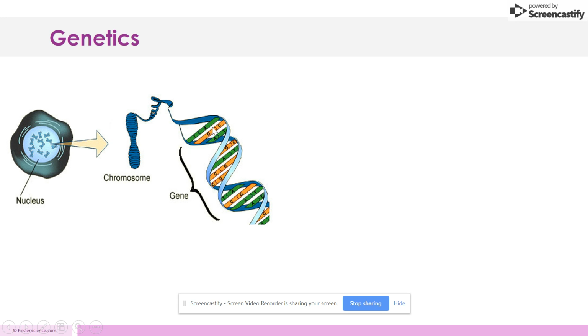And if we take just a section of that strand of DNA, that would be a gene. Basically, this whole section of DNA is coding for the same gene. These are the instructions for, let's say, height, or the instructions for hair color.